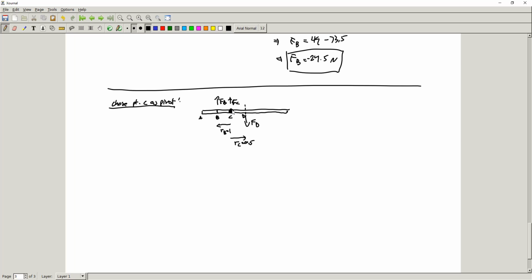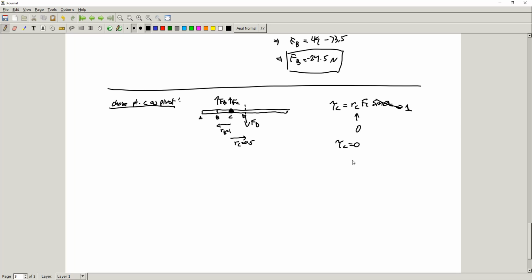We're going to find that, again, tau C, which is equal to RC FC sine theta C. Well, again, all these thetas are just 90 degrees, so that just goes to 1. And our RC is a distance from C to C, so that's just 0. So again, we find tau C is 0.